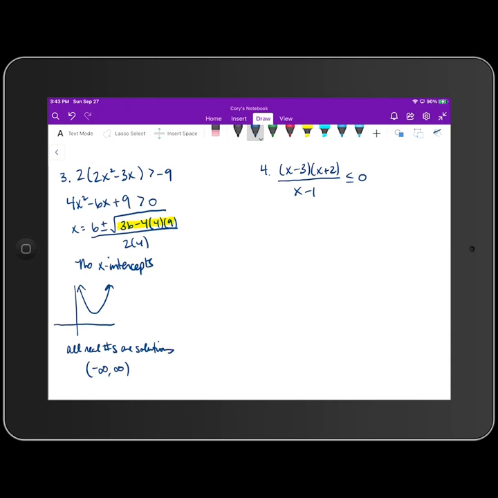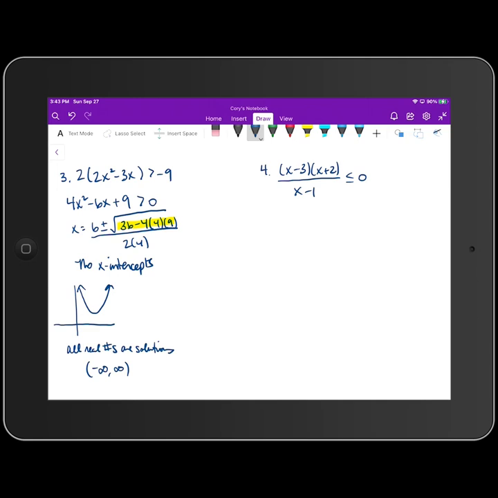So for number 4, we have x minus 3 times x plus 2 over x minus 1, where that is less than or equal to 0. Okay, so again, I want to be comparing my expression to the number 0.